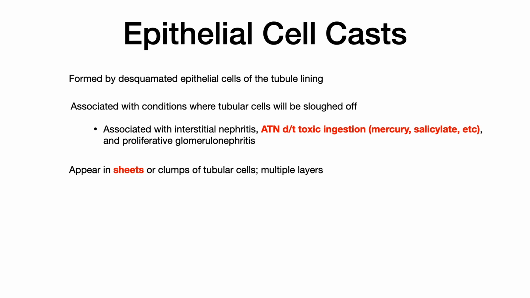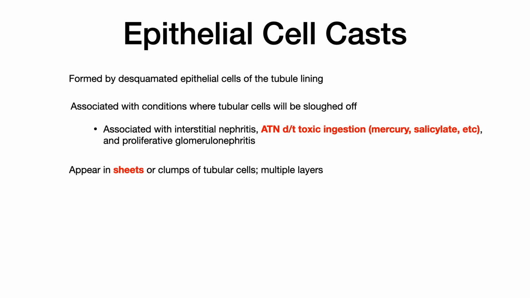So you've got to remember that when it comes to acute tubular necrosis, you have ischemic etiologies and nephrotoxic etiologies. When we talk about ischemic etiologies, we're talking about things like hypovolemia and sepsis. When we talk about nephrotoxic etiologies, which is probably what they're going to give you on your exam, we're talking most often about drugs and drug-related causes.